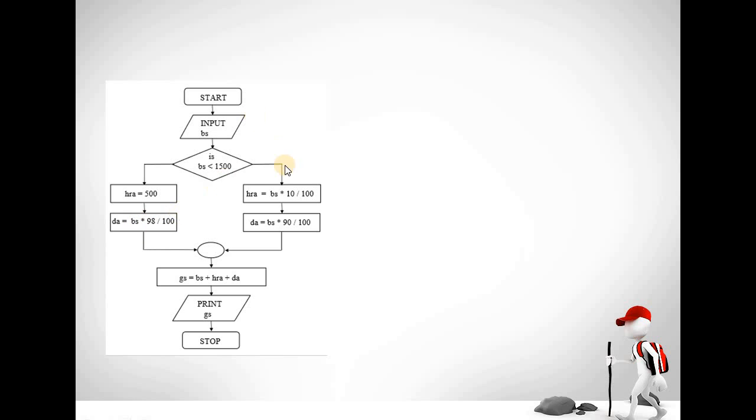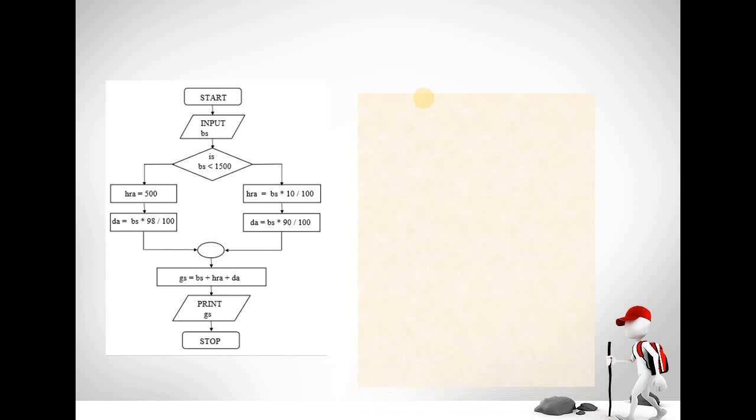After both parts are executed, control goes to the next processing part, which is to calculate our gross salary. The gross salary is a summation of your base salary, HRA and DA. Finally we are going to print the gross salary.